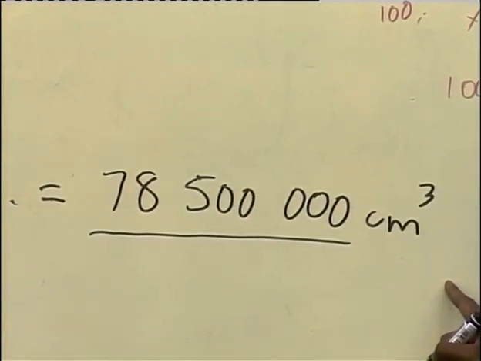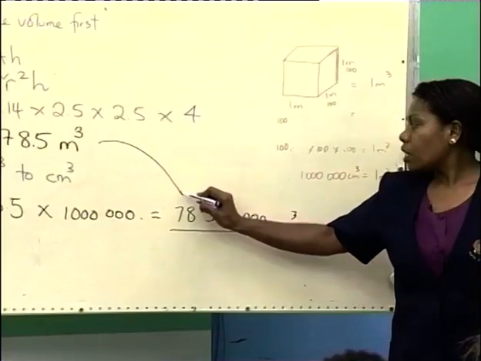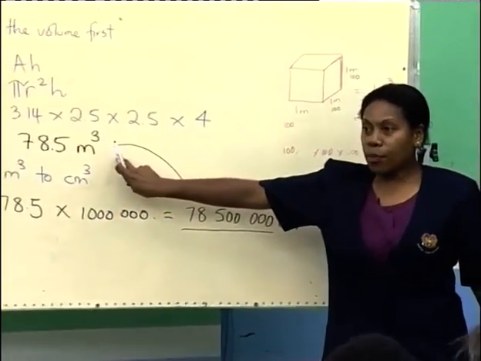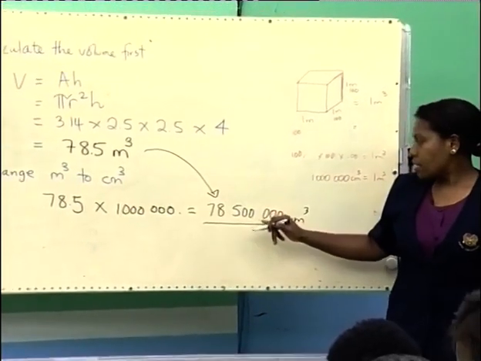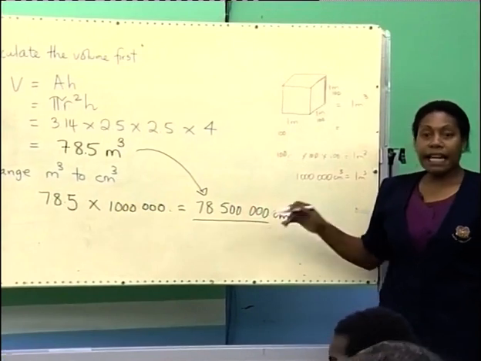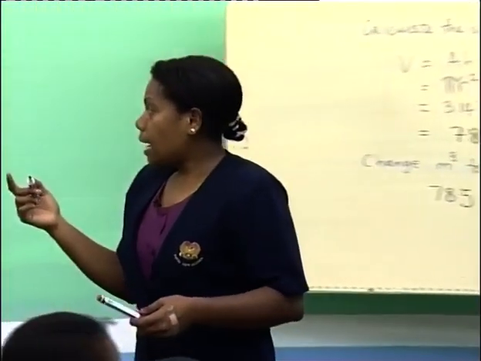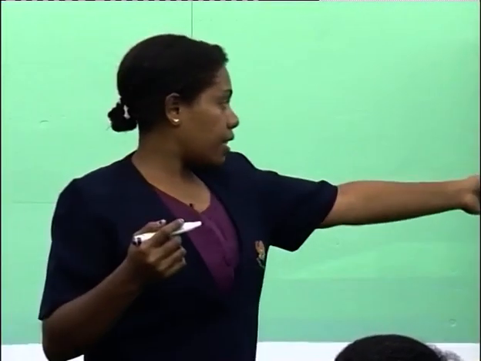So you see now you've changed this 78.5 cubic meters into cubic centimeters. Now it can be easy for you to change this into liters, cubic centimeters into liters.